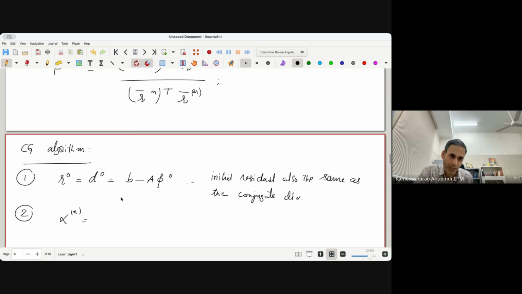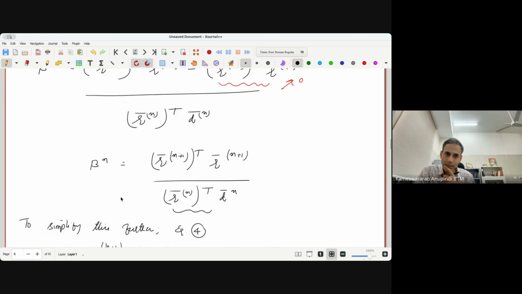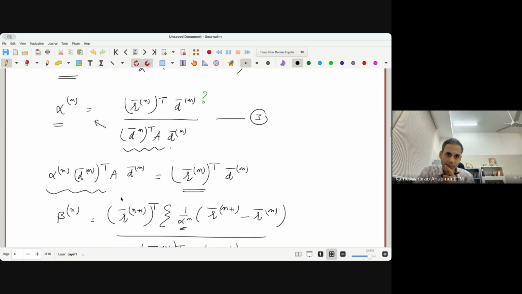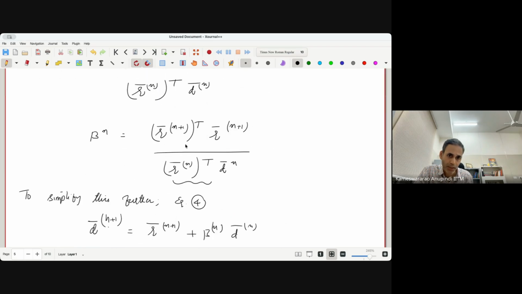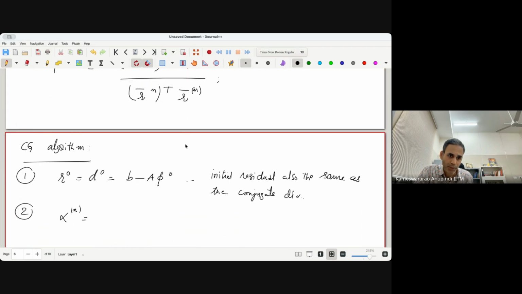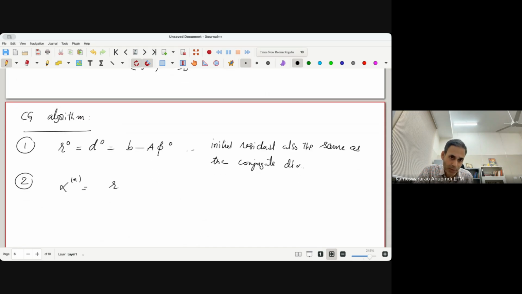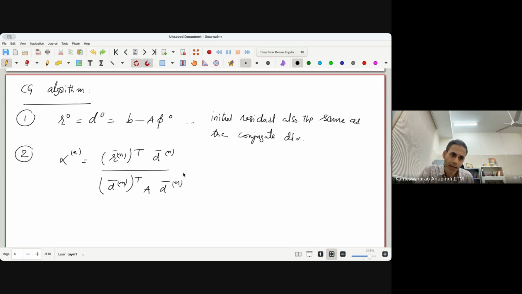Once I know R0, I can calculate what is alpha n, right? If you remember, we have the alpha n expression: R n transpose D n divided by D n transpose A D n. I know what is R n, what is D n, so I can calculate alpha n.